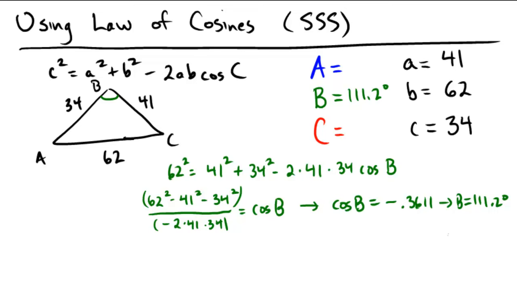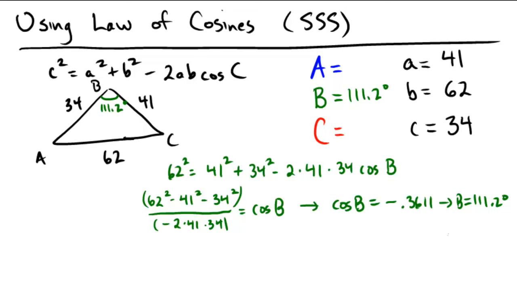Okay, now we have to go find one of the other angles. In order to find angles, we're going to apply the law of sines now that we finally have the angle up here of 111.2 degrees. When you're trying to find an angle with the law of sines, I always recommend going for the smallest angle.